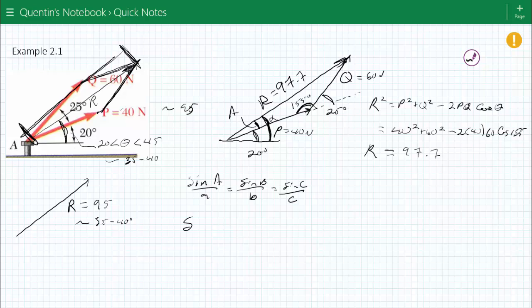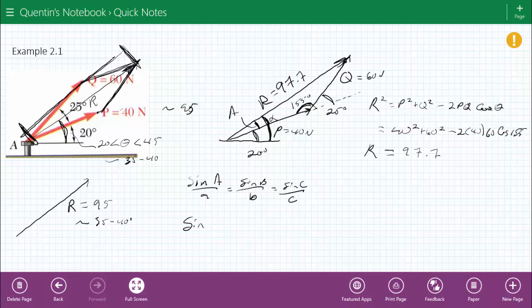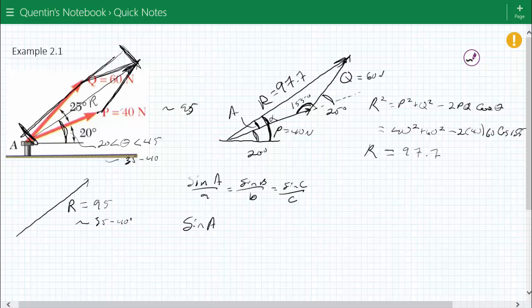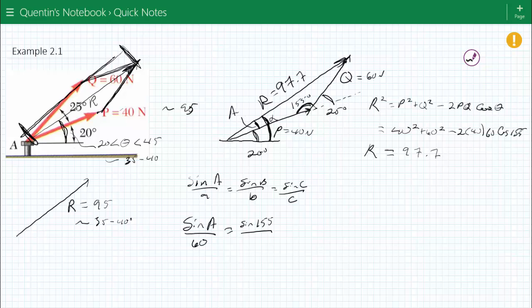So let's say sine of A over the opposite of that, which is 60, right? Is equal to sine of B, which we're going to call 155, over 97.7, and that gives us that A is equal to 15.04. But we don't want A, we want alpha.